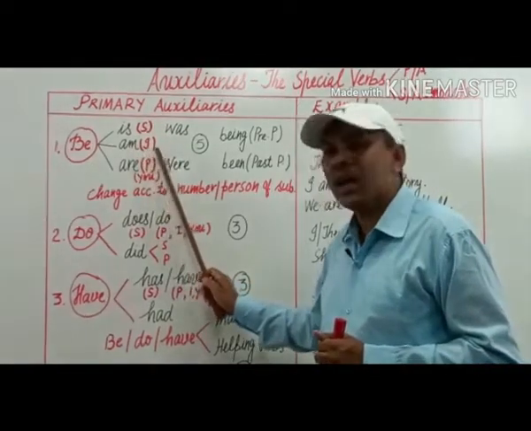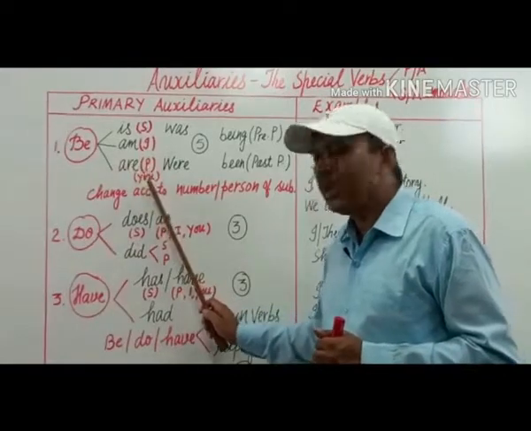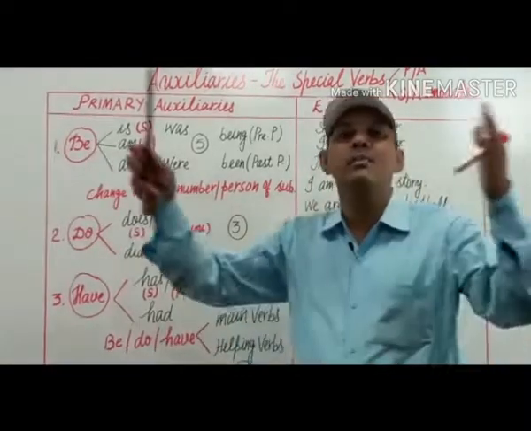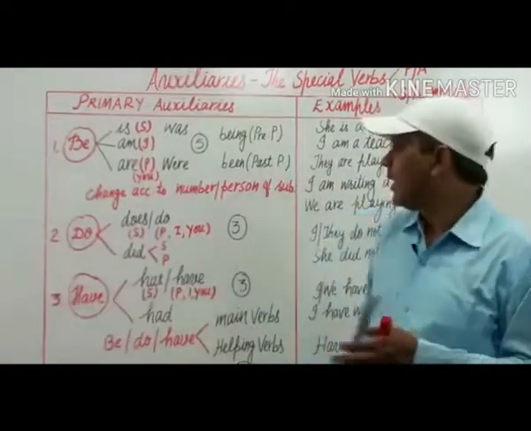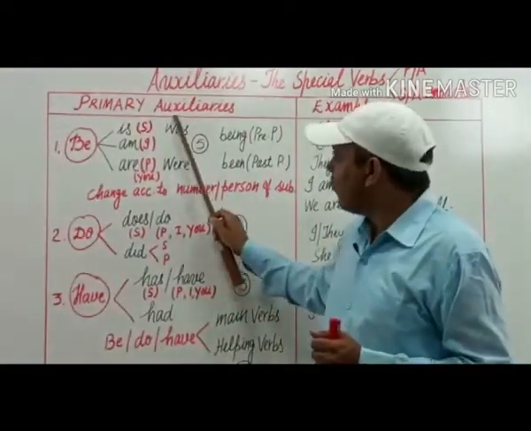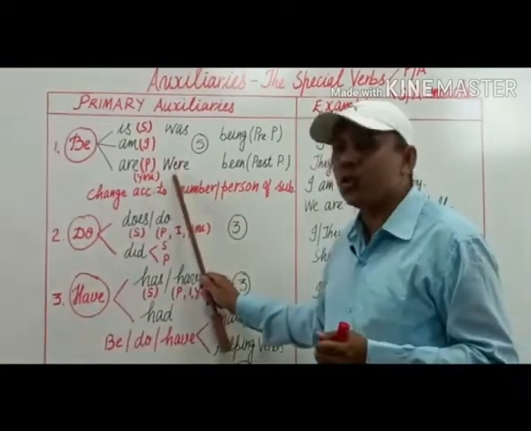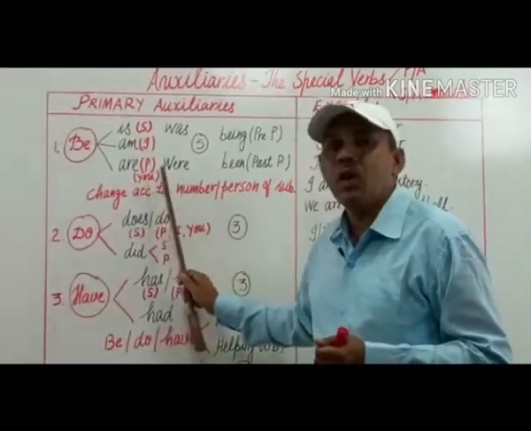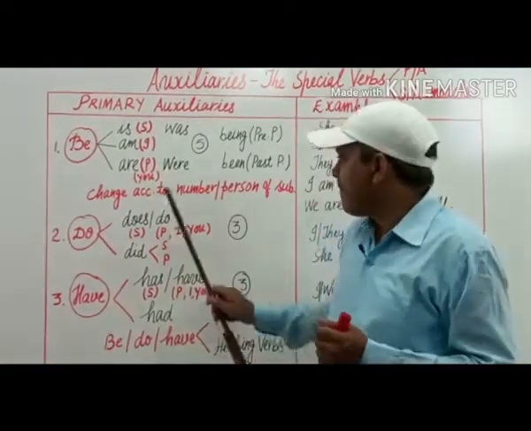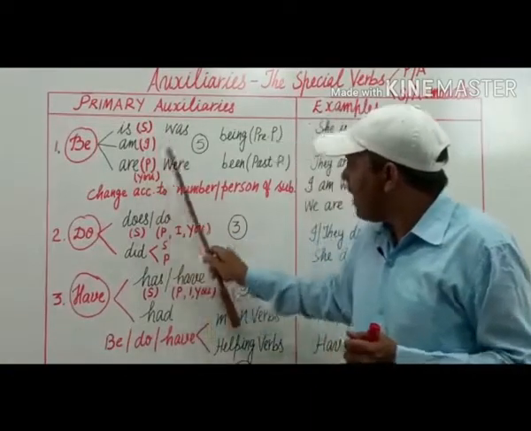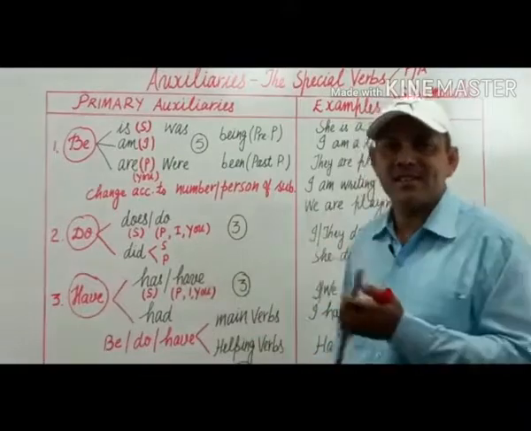Am is used for I, and are is used for singular you and all the plural pronouns, all the plural nouns. In the same way, was is used for singular nouns and were is used with all the plurals and singular you. They change their form according to the number and person of the subject in a sentence.